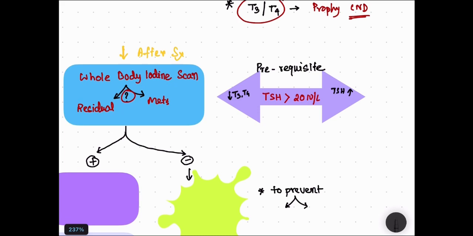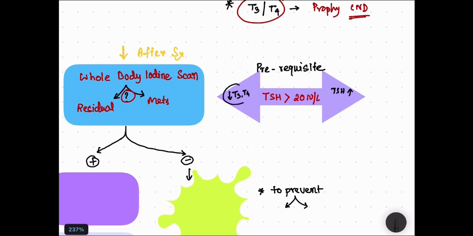So there will be a thyroxine free interval for 4 to 6 weeks after surgery, and as a result the negative feedback will be withdrawn and the TSH will be secreted from the pituitary. So by either of these we can reach the prerequisite.